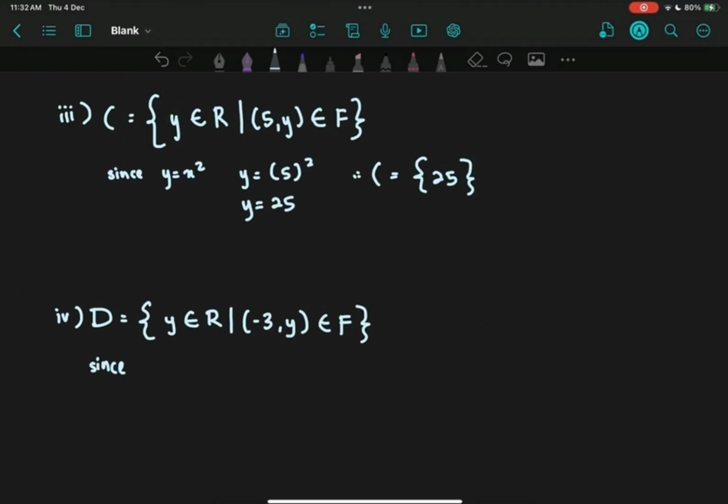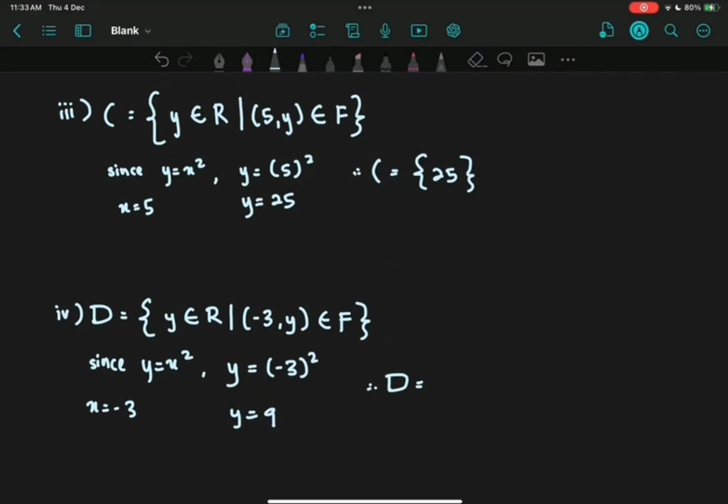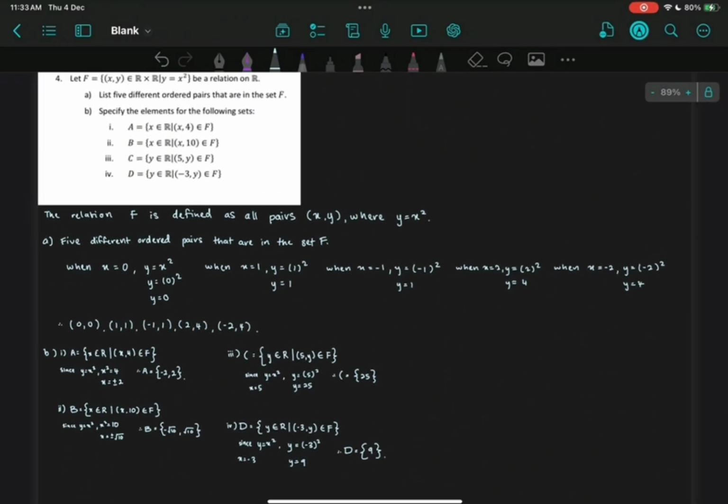So when we substitute x with negative 3, we get y equals (-3) squared, and (-3) squared equals 9, so y equals 9. Therefore, D equals 9. And that's the end of question 4. To sum up, the whole question is based on the rule y equals x squared. In part A, we used the rule to generate 5 examples of ordered pairs. In part B, we applied the same rule to find the unknown x values or y values for each given set.